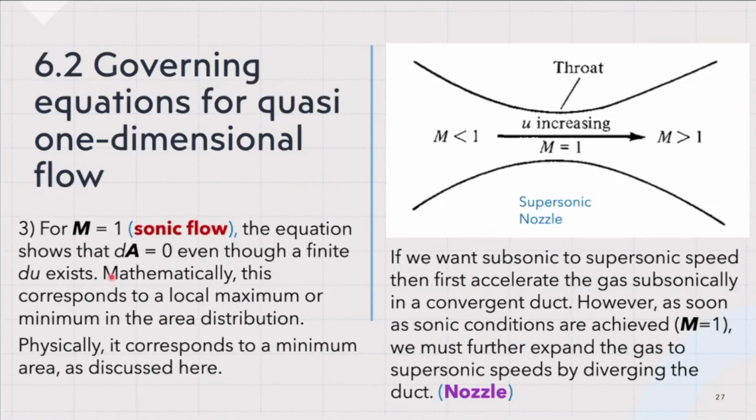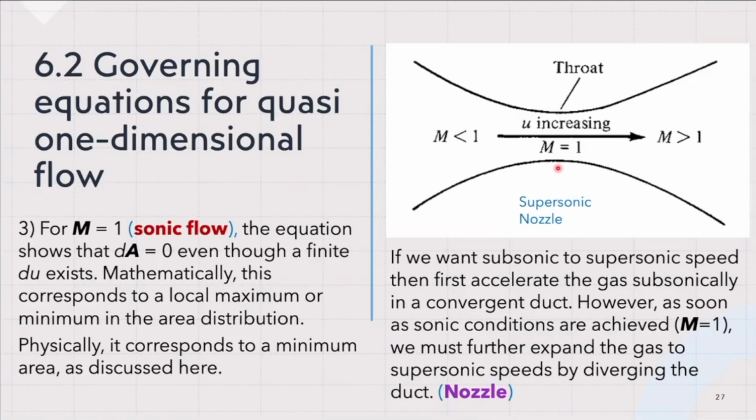The third case is Mach number equal to 1, where we have a sonic flow. The equation shows that dA will be equal to 0. Even though a finite du exists, mathematically this corresponds to a local maximum or minimum in the area distribution. Physically, it corresponds to the minimum area, as discussed over here. So in the throat area, where Mach number equals 1, that is the minimum area for the duct.